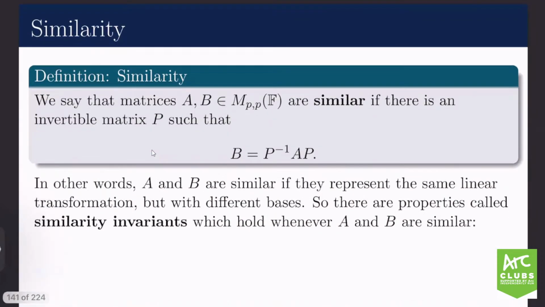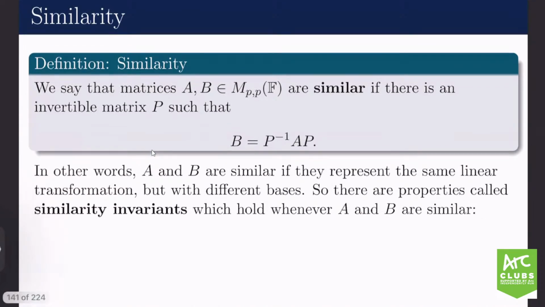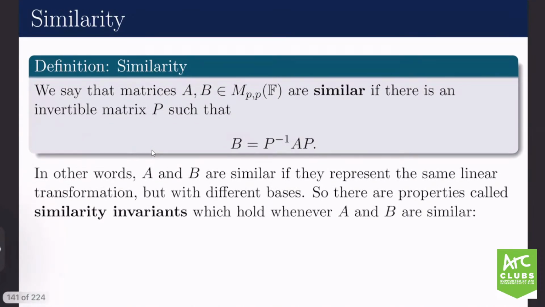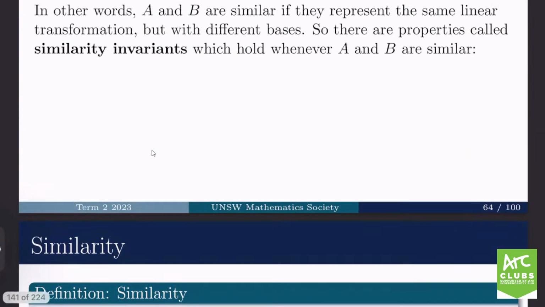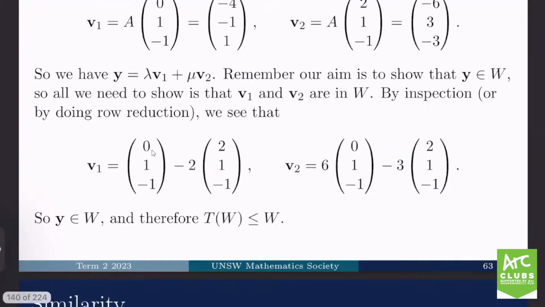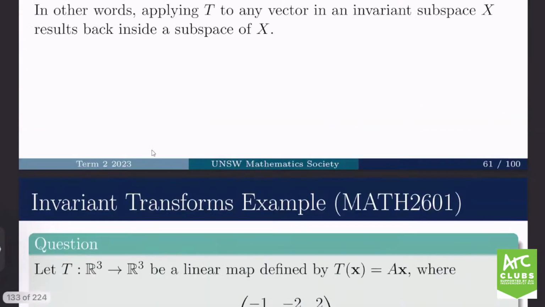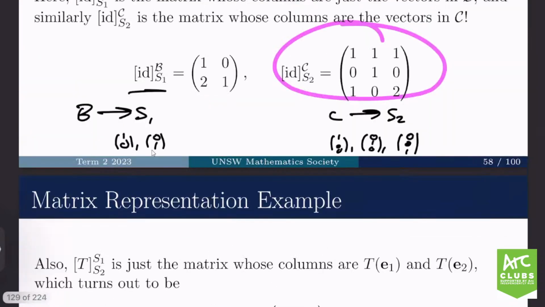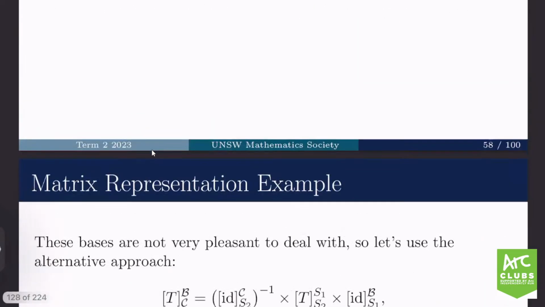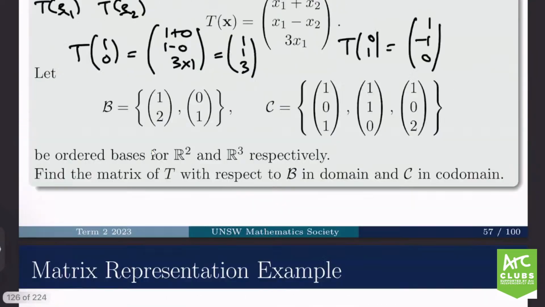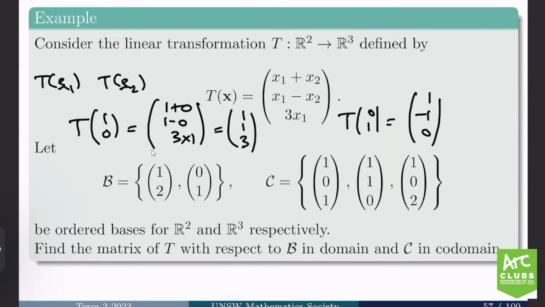So moving on to another key idea, this is similarity. The idea behind similarity is that we can represent the same linear map with respect to different bases. If we saw earlier, in this question here, that we had some linear transformation represented by this.